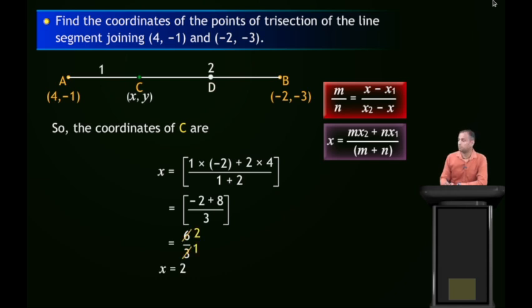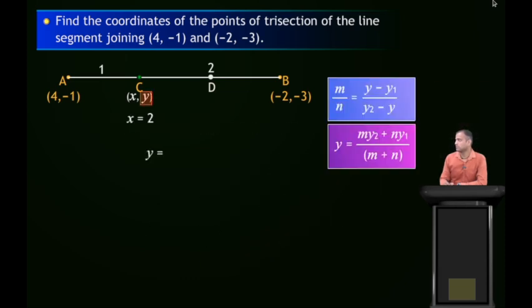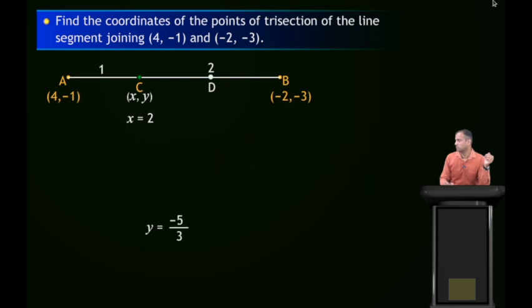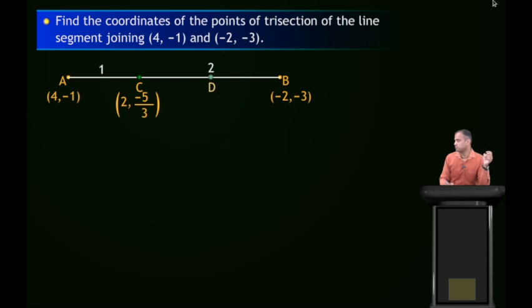It means the x point is 2. Now for y, use the same formula, ratio is 1:2. One into minus 3 plus 2 into minus 1, and you have minus 5/3. So coordinates of point C are 2 comma minus 5/3.